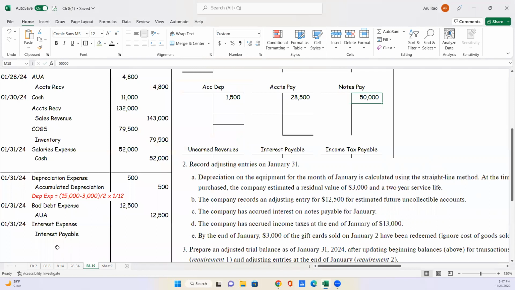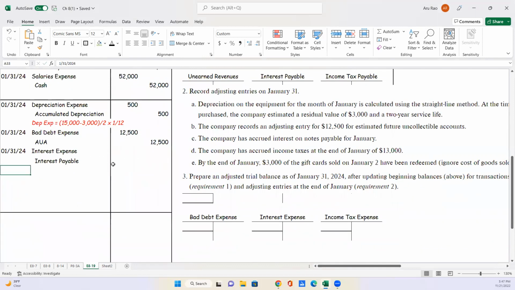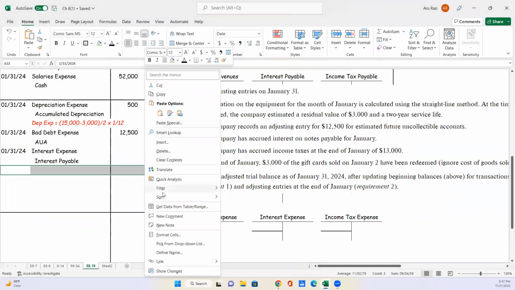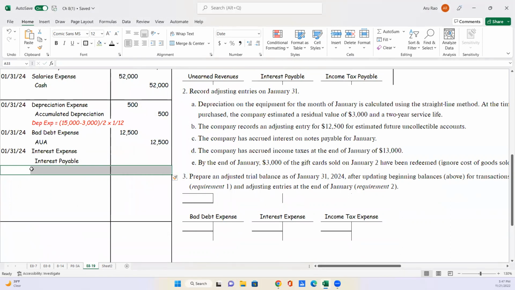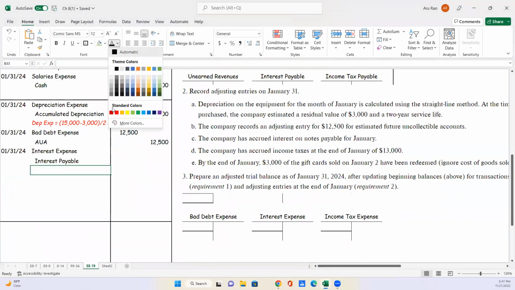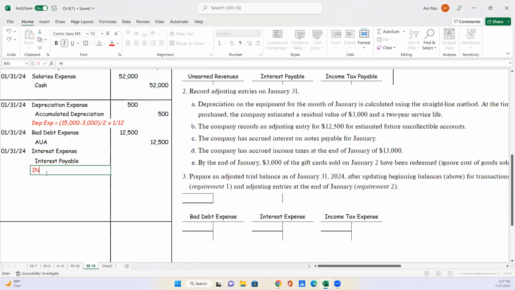So let me come back over here. And again, I'm going to show you my calculation. Let me insert a row here so I can show you that information. Okay, so again, I'm going to do this in different colors so we know it's an explanation. Interest expense equals the $50,000 multiplied by 6%, so 6 divided by 100, multiplied by 1/12.